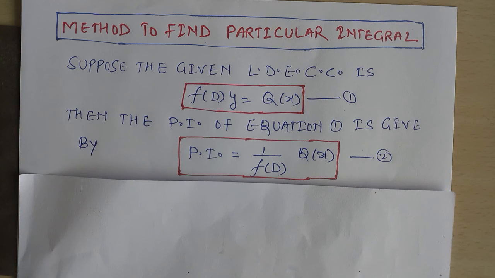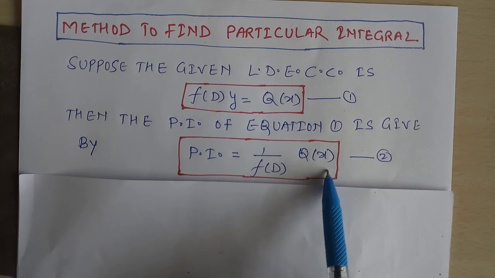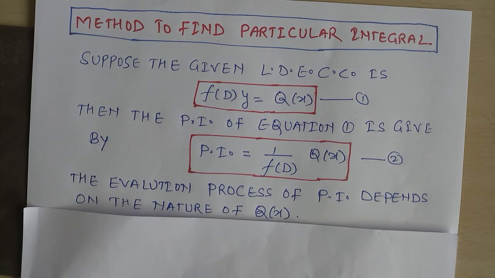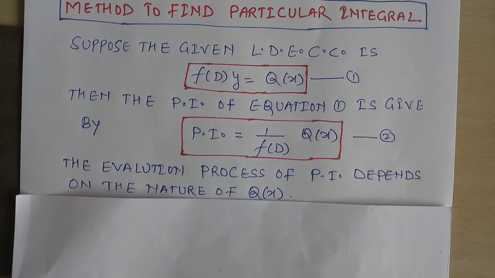Now, the process of evaluation of the particular integral depends on the nature of Q(x). So, here we discuss 5 different cases of evaluation of the particular integral based on the nature of Q(x), that is the non-homogeneous part of the differential equation.